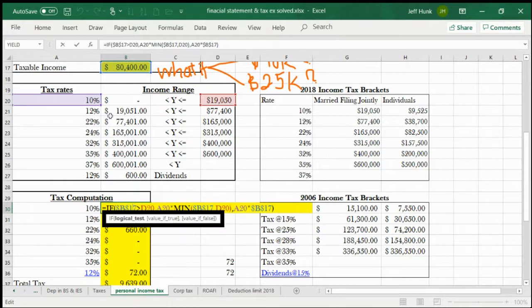If B17, of course, is our taxable income, is greater than D20, which is the upper bound for the first bracket, then we apply 10%, which is A20, to the minimum of B17 and D20. Now, think about it.